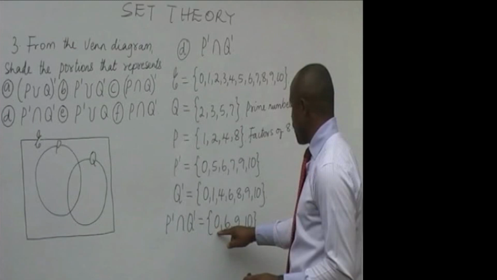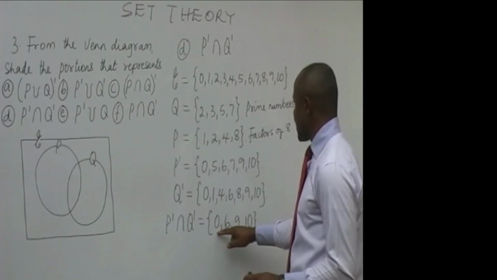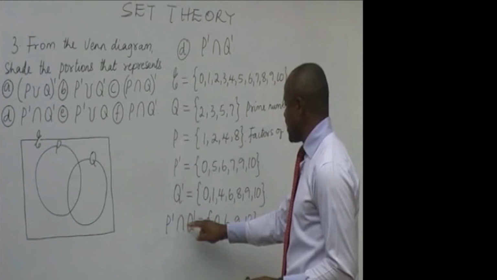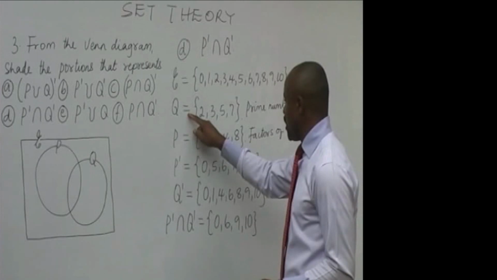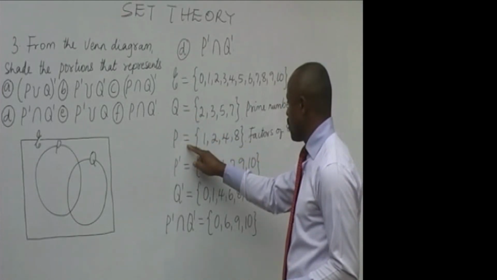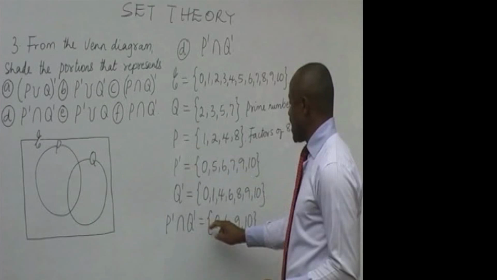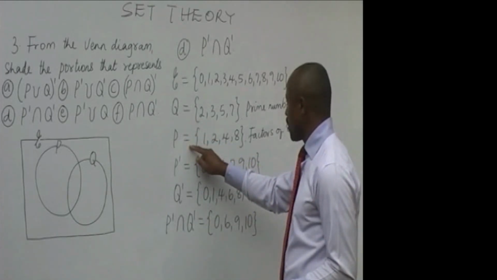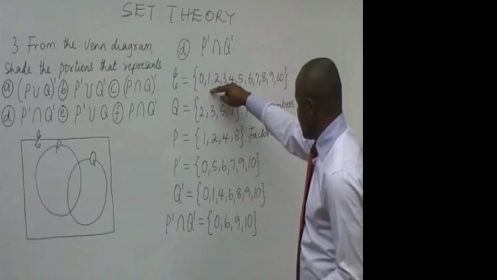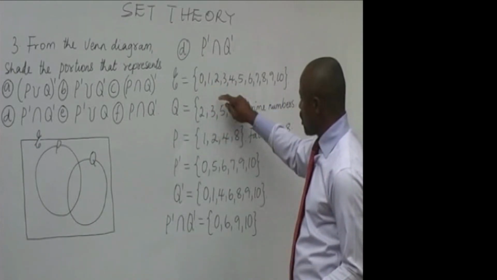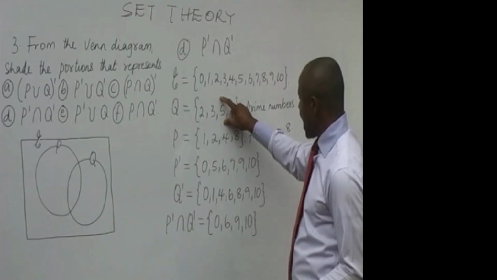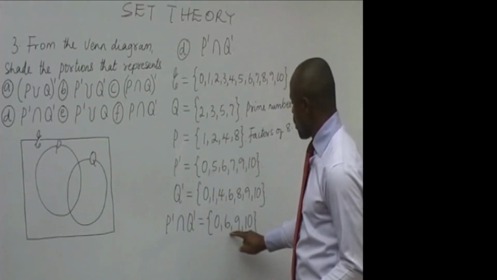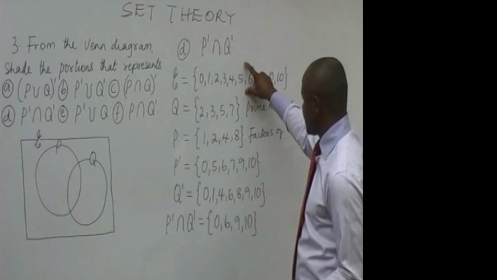So what this means is that P prime intersection Q prime are those numbers that complete P union Q to the universal set.